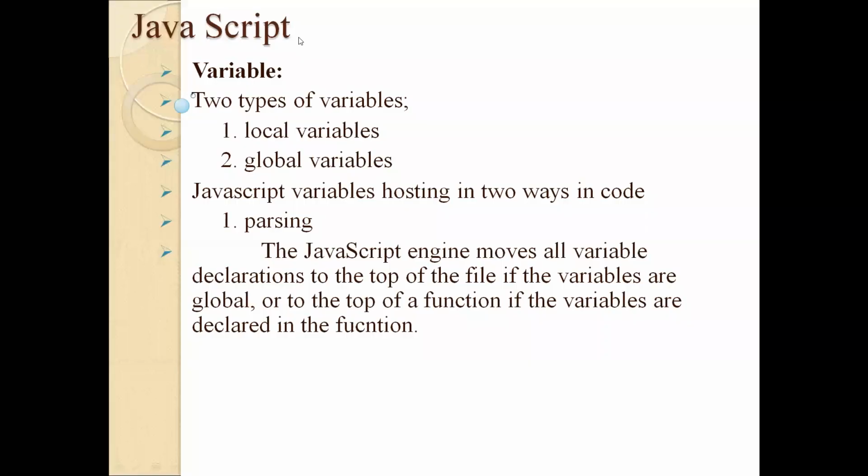So it means if the variables are global, the JavaScript engine will move all the variables to the top of the file. If the variables are local, that means all the variables are moved to the top of the function by the JavaScript engine. This is done while parsing.